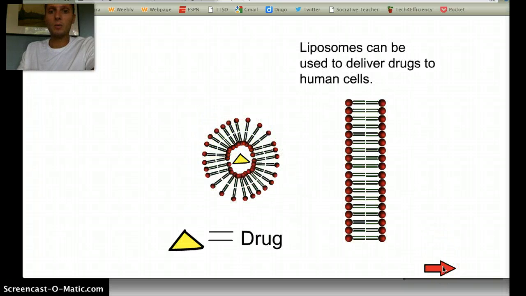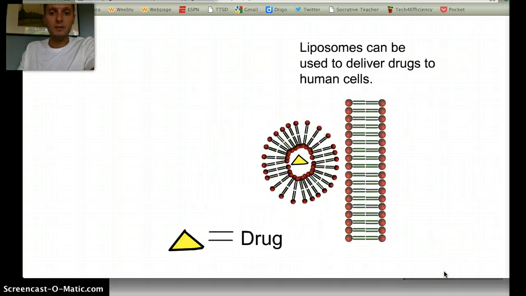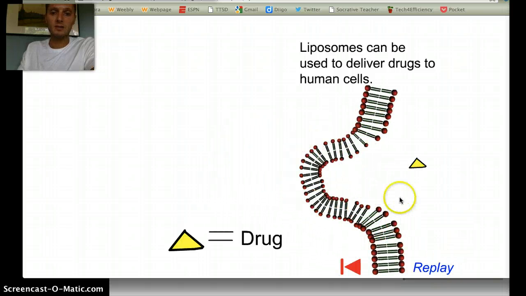And this is actually one way that we can use this process to deliver drugs to human cells. If we have a drug right here in the middle of a vesicle, it's surrounded by a phospholipid bilayer, that portion can be fused with the plasma membrane to release that drug inside of the cell. And so this is just one medical example of this process.